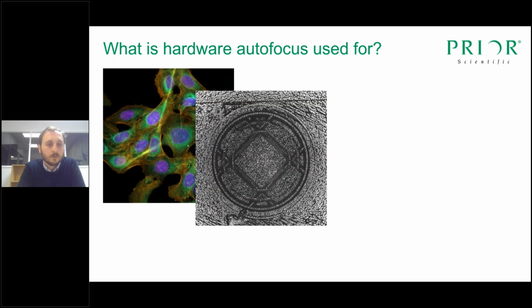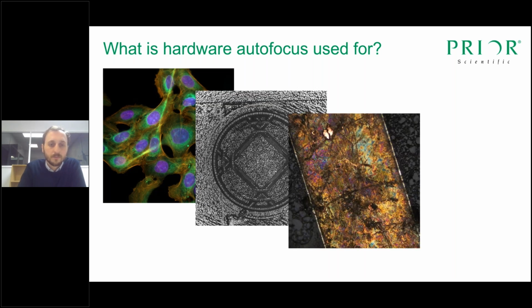But equally, things like medical devices and microfluidics, as I've said, we see increasingly coming onto the market. We're seeing more and more requirements that autofocus be used for those sorts of applications for time-lapse, because by their very nature, you're looking at something that is dynamic and you're wanting to look at things with temporal resolution. Then again, as we saw in the video, industrial inspection. So this can be in a microscopy lab, or you can have an optical system set up above an inline processing routine as well.